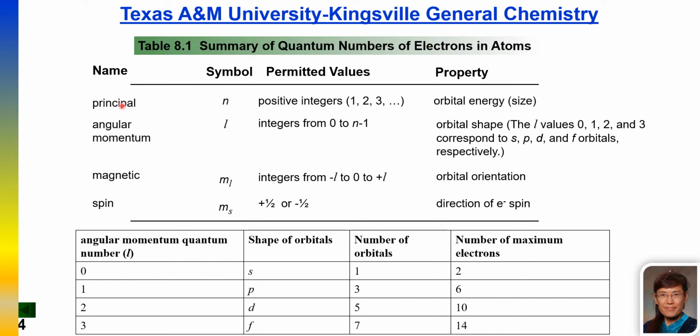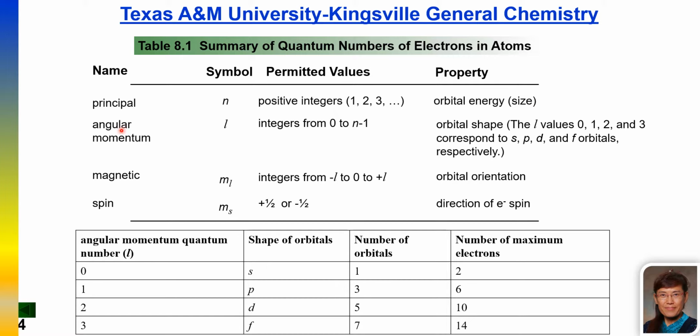N is used to denote the principal quantum number. It varies as positive integers from 1, 2, 3, all the way to 7, correlating to the periods in your periodic table. This n represents the size and energy of the orbitals.